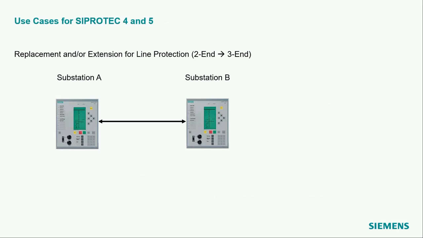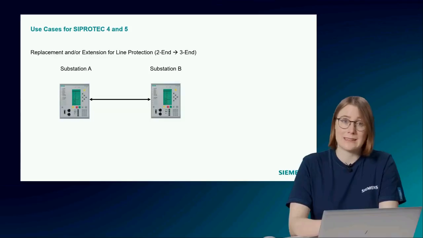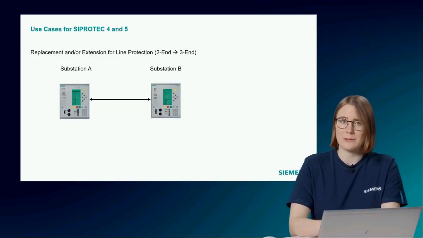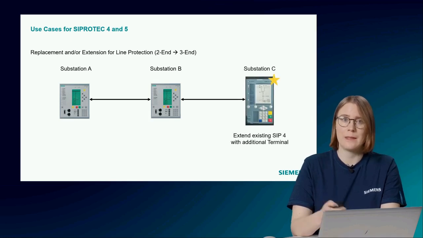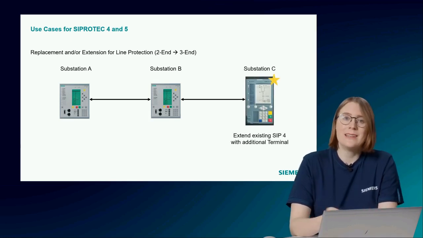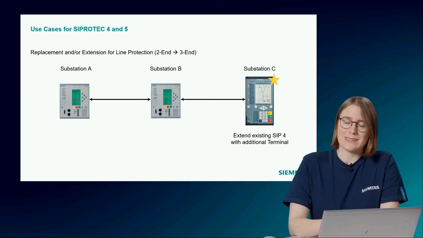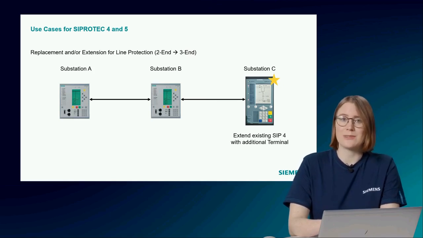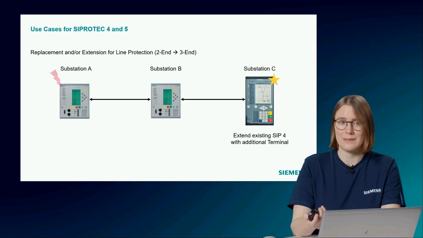In the next 2 slides, I want to talk about typical use cases for the compatibility mode. First example on this slide is that you want to extend your existing Cipotec 4 topology with a new Cipotec 5 device. And then, sometime later, you need to replace your device in substation A and use also a new Cipotec 5 device.